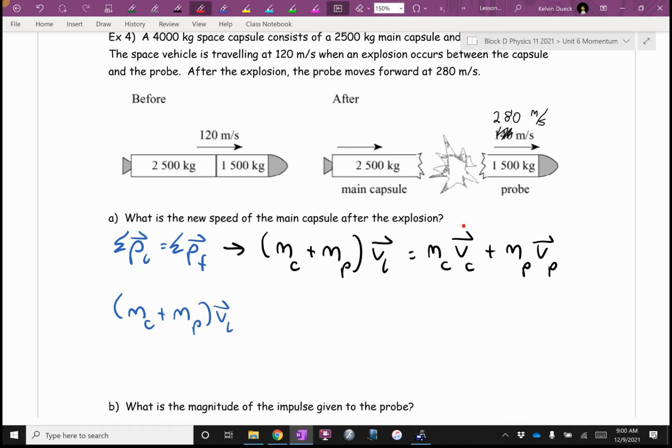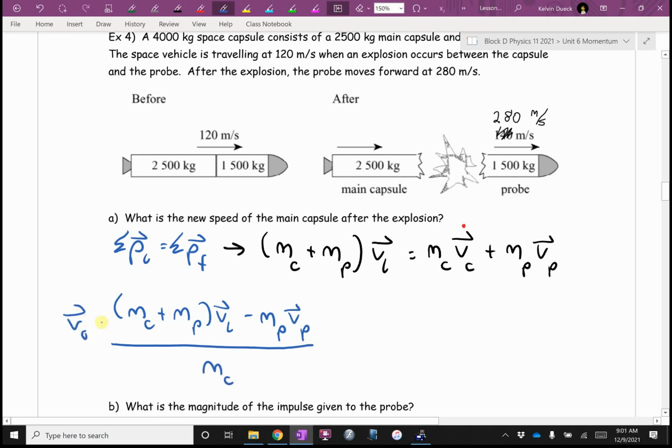Then I guess I need to move this over. I think you would. Final step? Boy, that's messy. Yep.